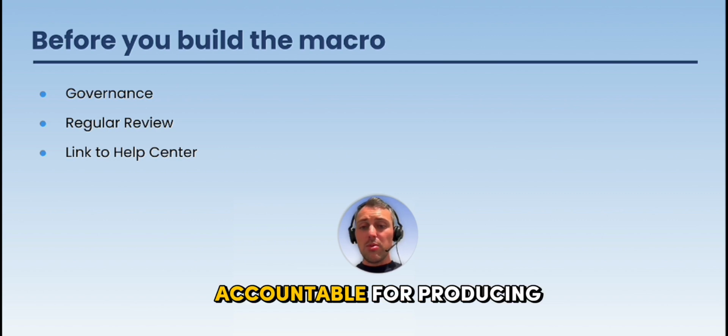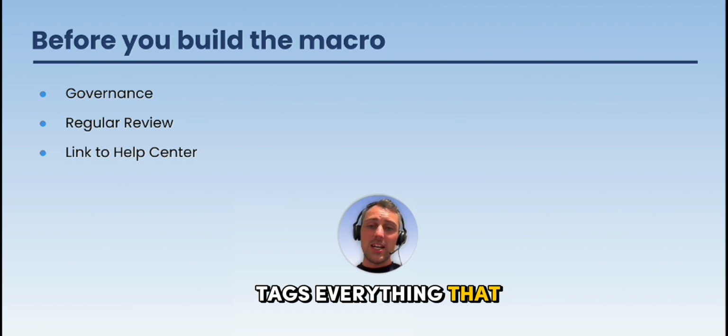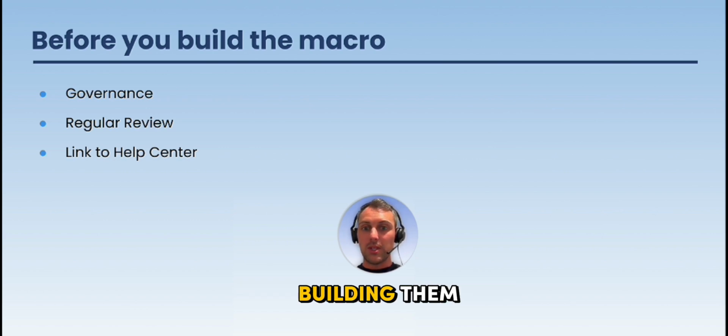Having them be accountable for producing new macros, ensuring that the macros that you do have are not repeated, making sure that the macros are available only to the agents that need them, and being able to review them to apply the appropriate fields, subjects, descriptions, tags, everything that goes into a macro. You want one person to be monitoring this and having a consistent approach to building them.